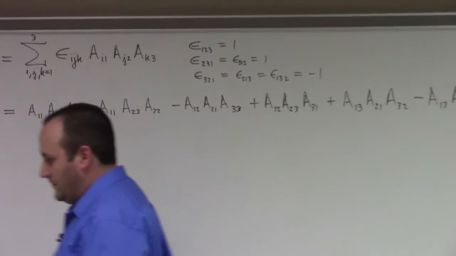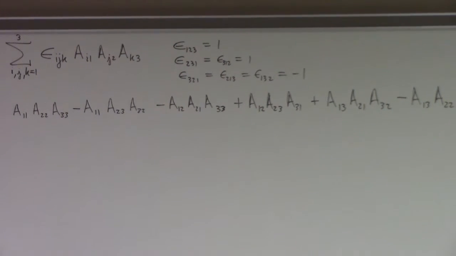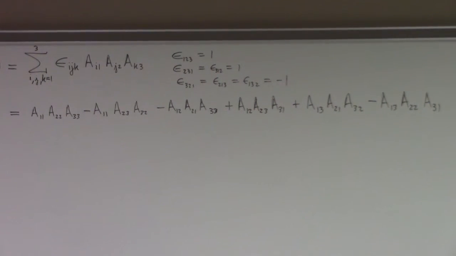If I did this right, I should have 3 pluses and 3 minuses, and nothing should be repeated anywhere. Is that the case?